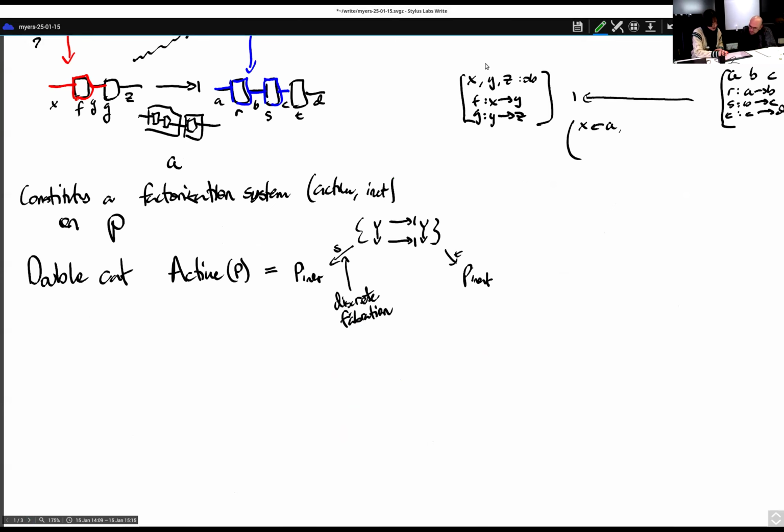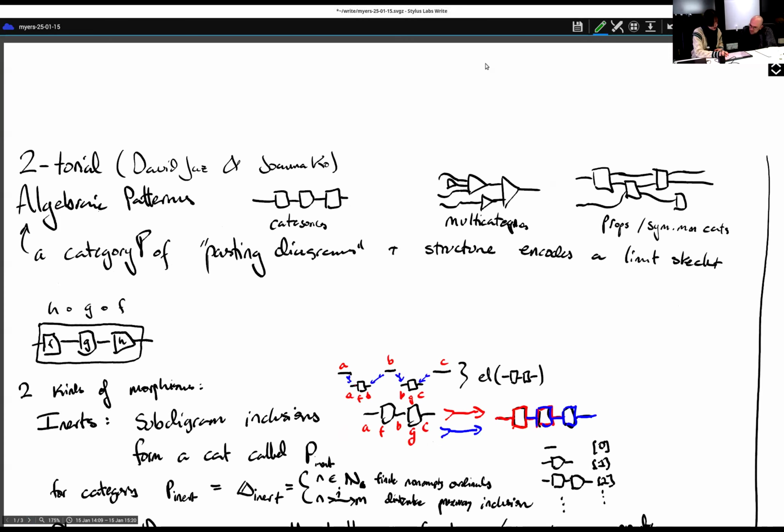So C gets to G. And that's a Y. Sorry, Y and Z. So it's D to Z. And then F. So it's the composite of what are these two?